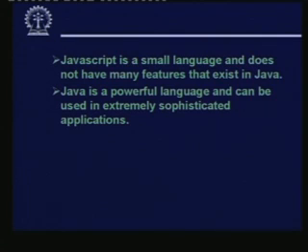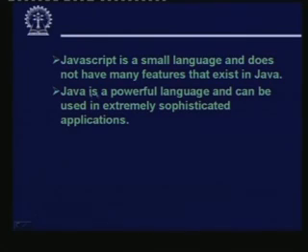There are a few other differences. JavaScript is primarily meant to enhance the features of the HTML language. So, it is basically a small language and does not have many features. Most of the features that exist in JavaScript have something to do with how the documents are displayed, how user interactivity can be implemented, and so on.